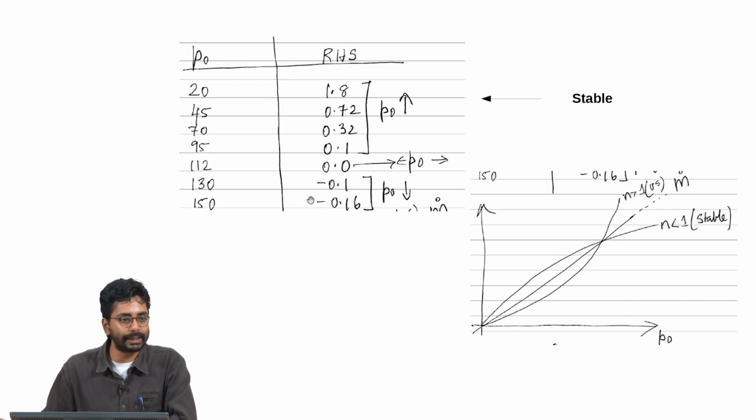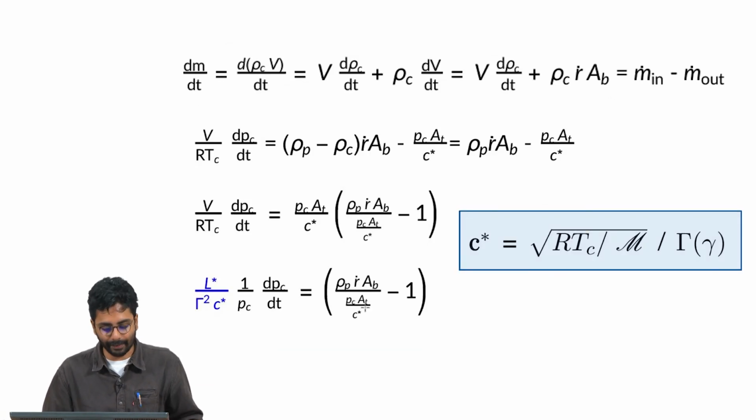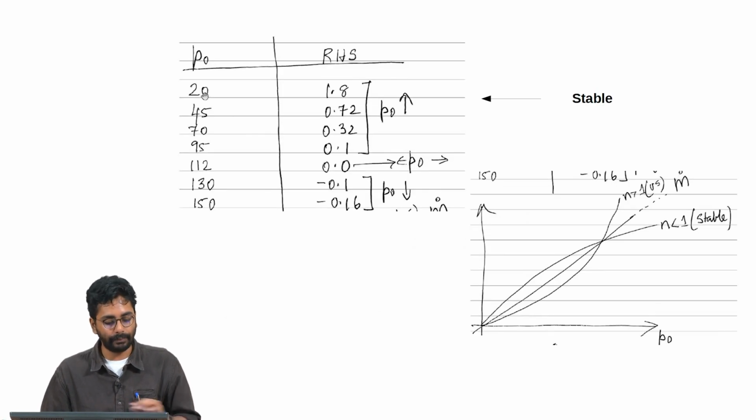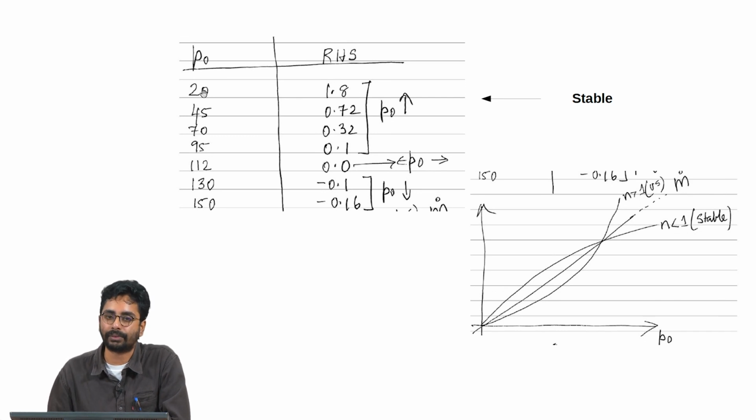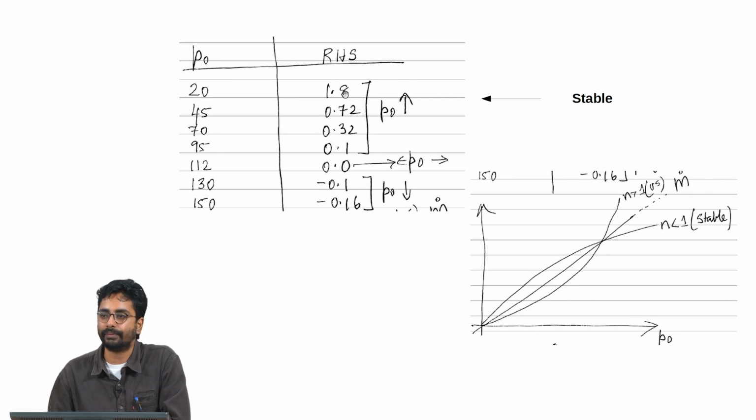So, what is shown in this table here is, remember that the RHS is rho p r dot Ab divided by Pc At by C star, minus 1, and the left hand side is this quantity. For various values of chamber pressure, I have calculated the RHS values. At 20 atmospheres, the right hand side is a positive number.